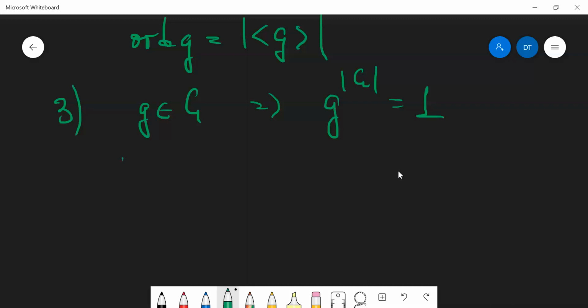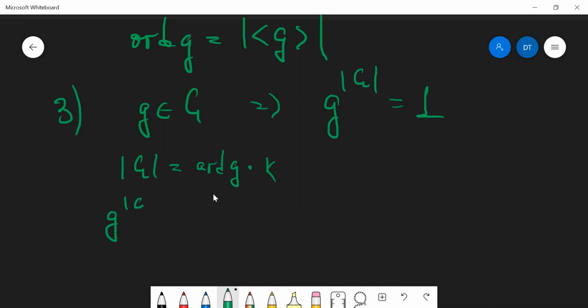This follows from the fact that the order of the group equals the order of the element times some k. That's the previous claim, that the order of the element divides the order of the group. Now if we raise an element to this power, it simply means we first raise it to the order of the element and then to the power k, and raising an element to its order gives you 1.